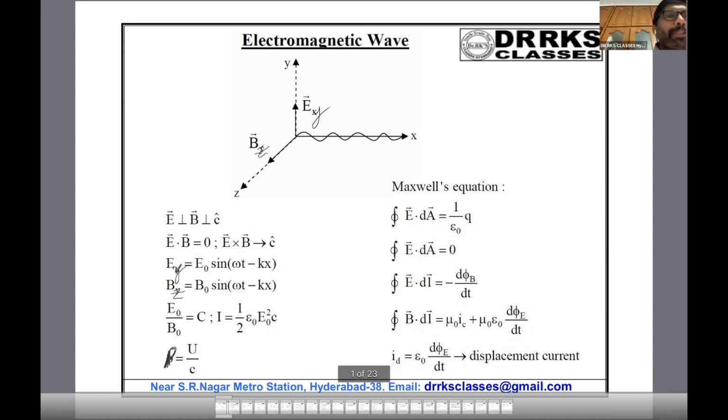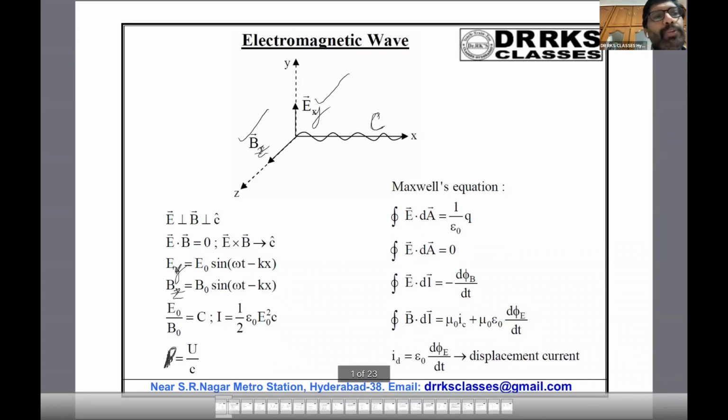So, we know that a periodic variation of electric and magnetic field is an electromagnetic wave. That is, if the direction of propagation is c, let us say c is the velocity of light in the direction, electric field and magnetic field and direction of propagation are always perpendicular to each other.